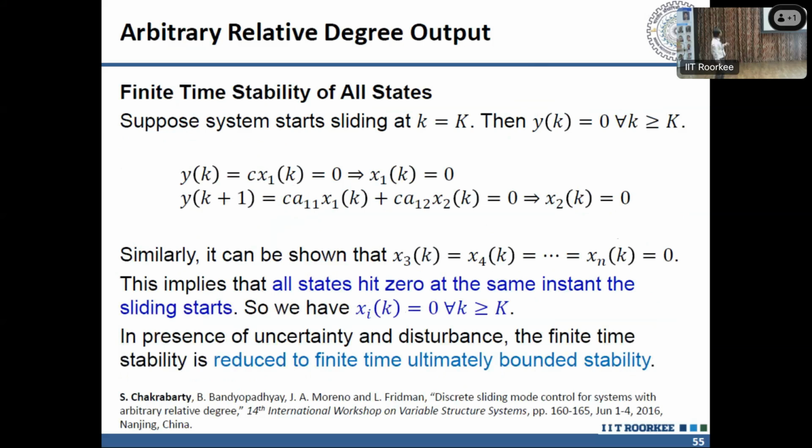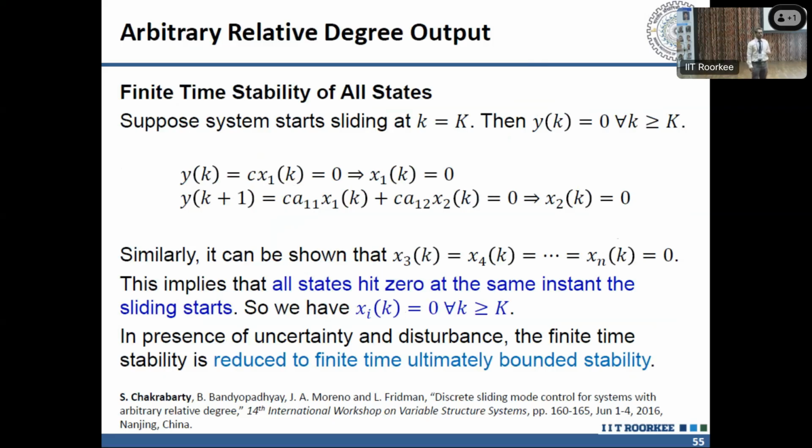How do we ensure the finite time stability of the states? So we see that when yk is 0, the output itself is the sliding variable in this case. So yk is C x1k, if it is 0, that means x1k is 0. Then yk plus 1, if you just simply see x1k plus 1, you will come from the system like this, and since x1k is 0, yk plus 1 also 0 because it is sliding already. X2k will also be 0. In the same manner, you can proceed and you can show that x3 up to xn everything will be 0.